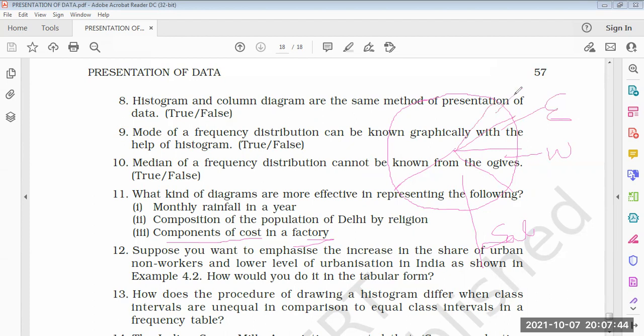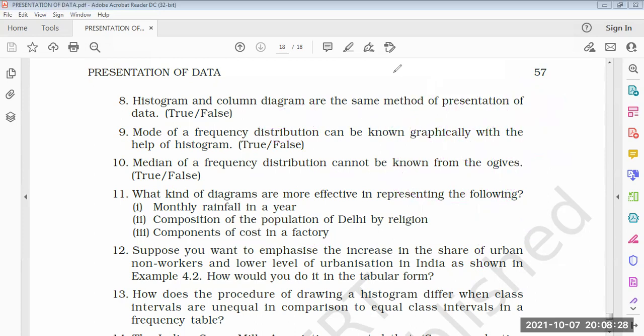This is telephone charges or mobile phone charges. This is rent. What is the other expense? Advertisement expenditure. Let us take for example stationery, and this is miscellaneous, all other items which cannot be classified under these heads. So components of cost in a factory, the pie diagram will be shown. Did you understand? Yes, sir.